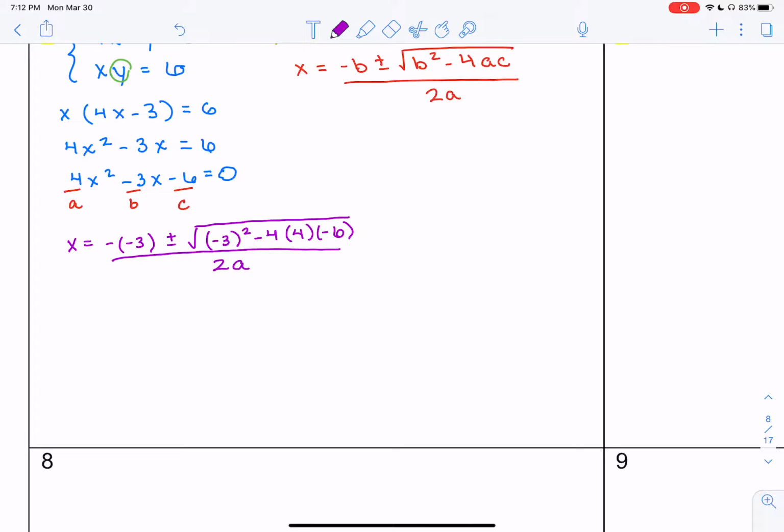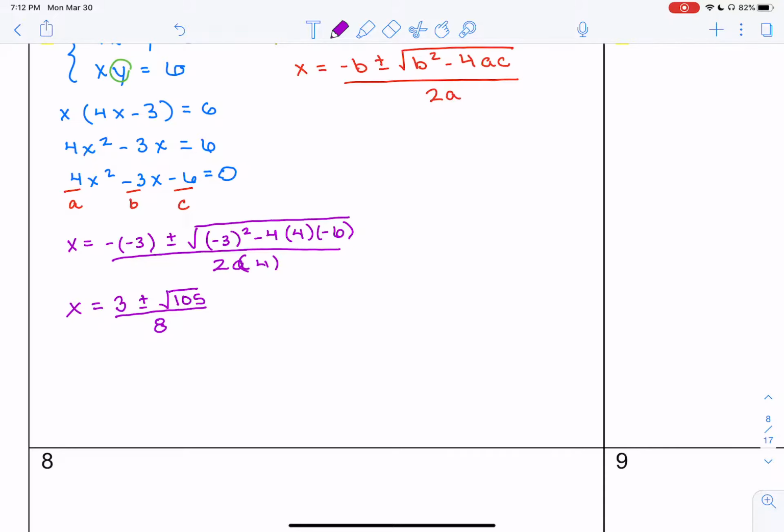We're going to simplify underneath the radical; outside, everything simplifies. Outside, a negative negative just becomes positive 3, plus or minus. Underneath that radical, I end up with 9 plus 96, so that actually comes out to square root 105. All of it over 8. I forgot to sub in my a, which was a 4. All right, square root 105 does not simplify.